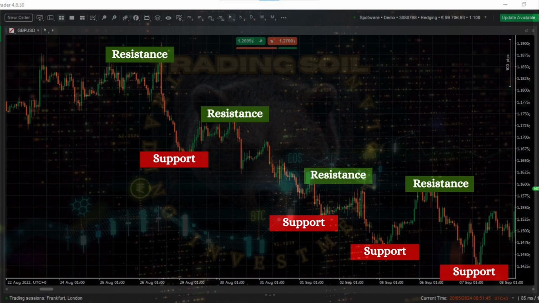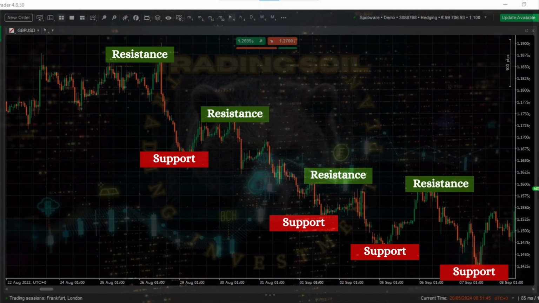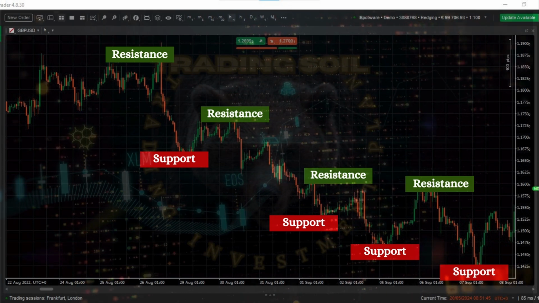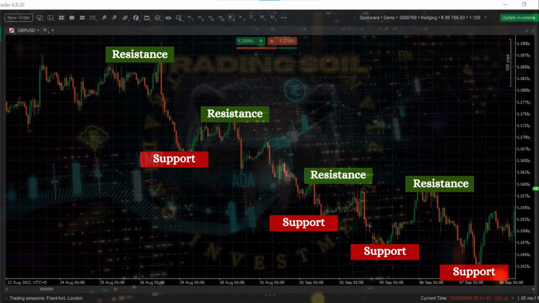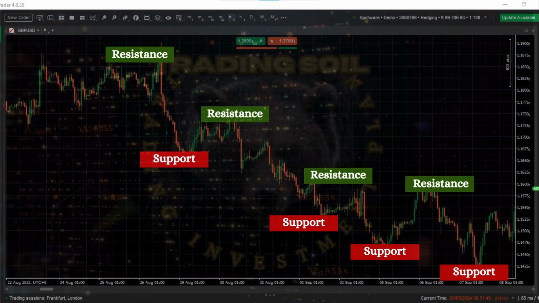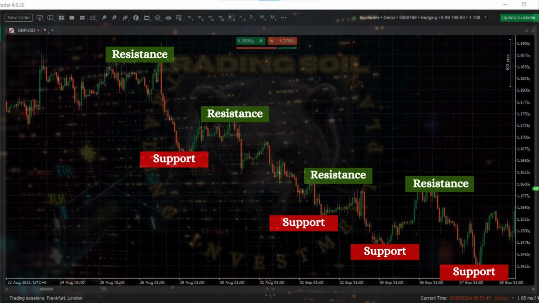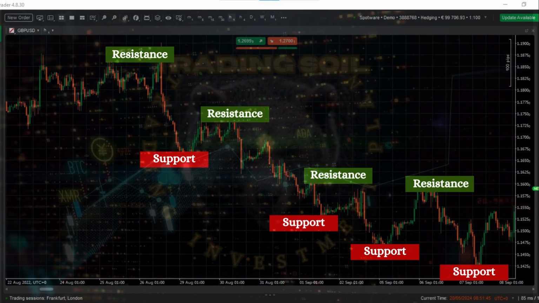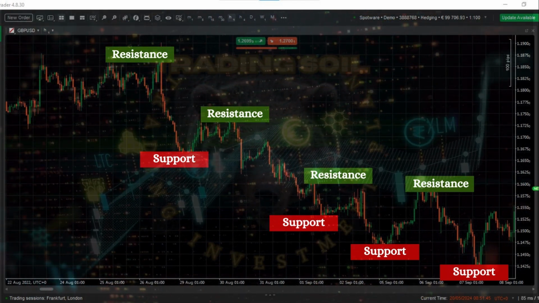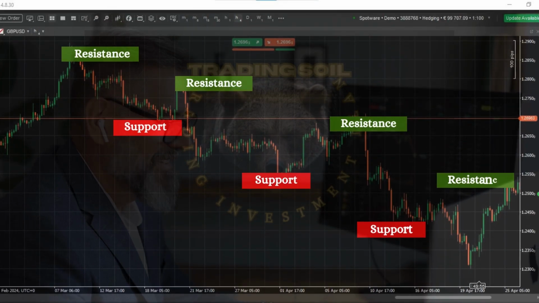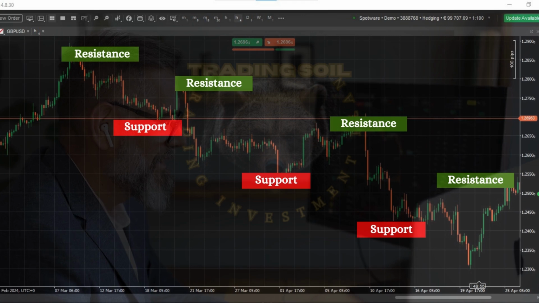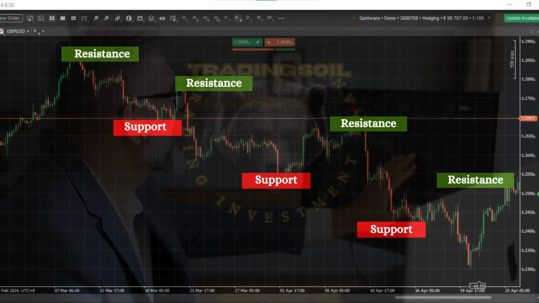Mind you, support and resistance need to be drawn based on the trend direction. This will show that you really understand what is going on in the financial market. This concept is applicable to all the financial markets. Once more, when the market is downtrend, your resistance zone will be up, while your support will be below.